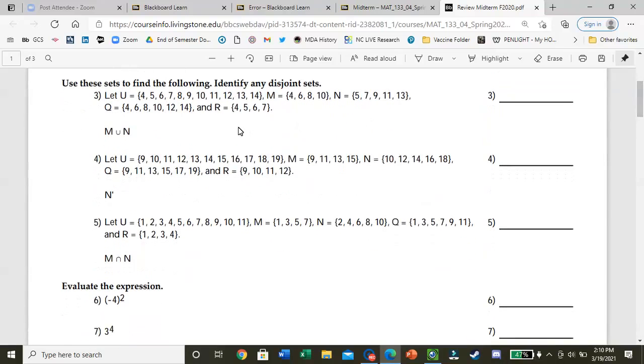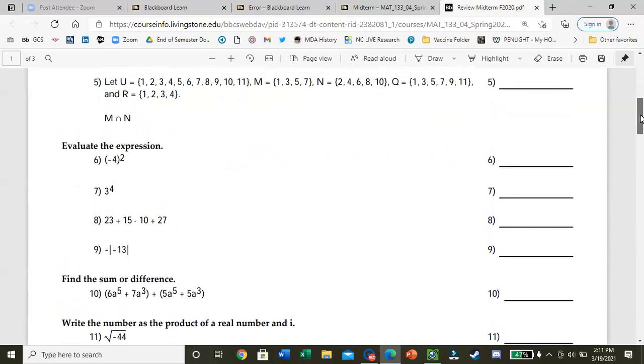Whereas with union, we're going to include everybody: everything in set n and everything in set m. With intersection, we look at what's in both.